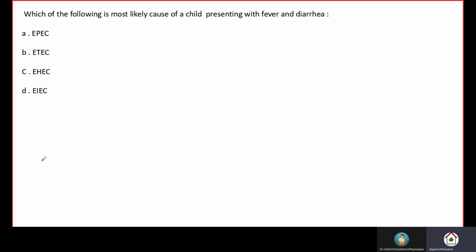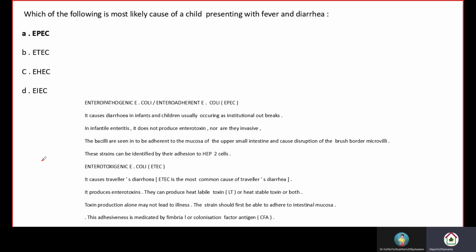And the answer is EPEC. Now, enteropathogenic E. coli, EPEC, causes diarrhea in infants and children, usually occurring as institutional outbreaks. In infantile enteritis, it does not produce enterotoxin, nor is it invasive.